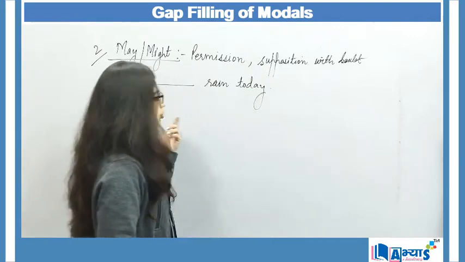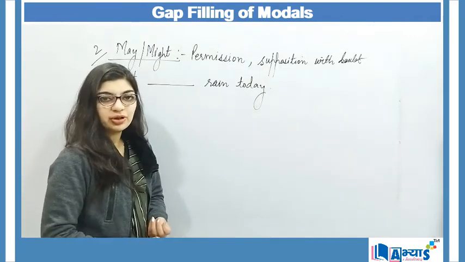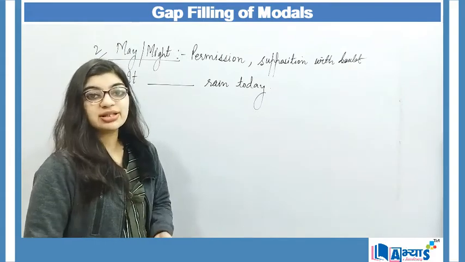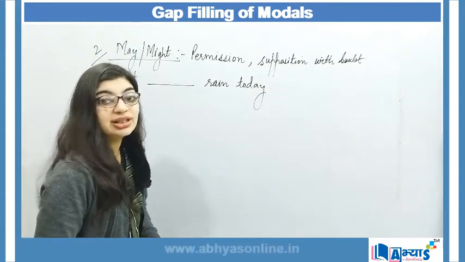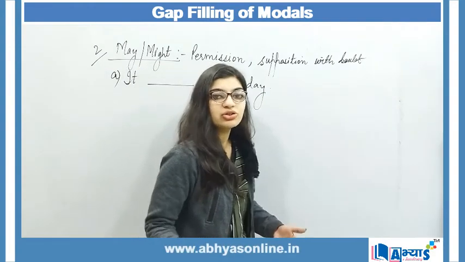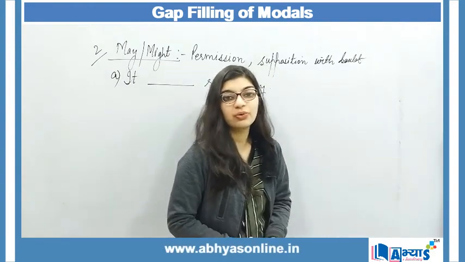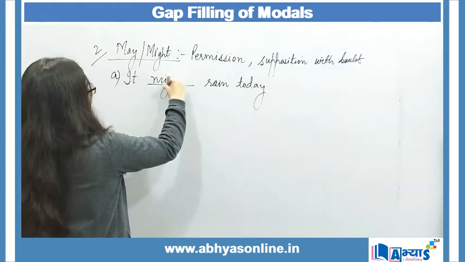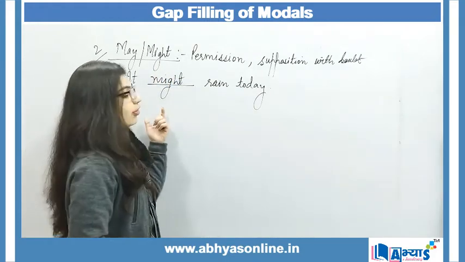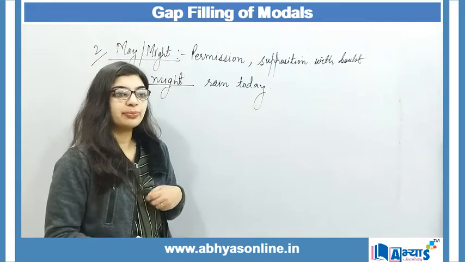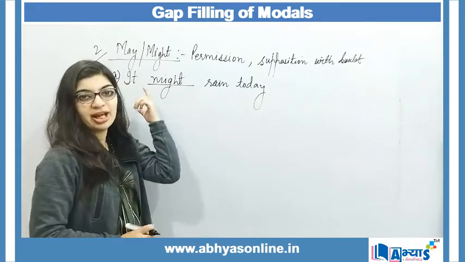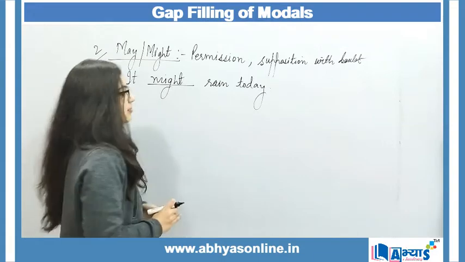But here we are not showing some ability or for any kind of request. Here we are saying that maybe it is supposed to rain, but again it is a doubt that we are not sure about nature, we are not sure about weather. So I will say it might rain today, again for making some kind of probabilities which are doubtful. Instead of using may, we will use might.